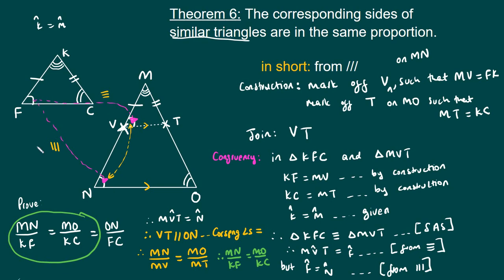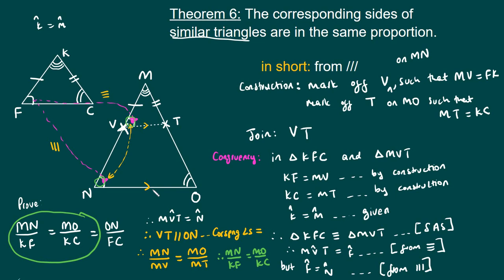That one is equal to that because of similarity. Then that should mean that this is equal to that. Then because these green angles are equal, it means VT must be parallel to ON, because corresponding angles are only equal if the lines are parallel.